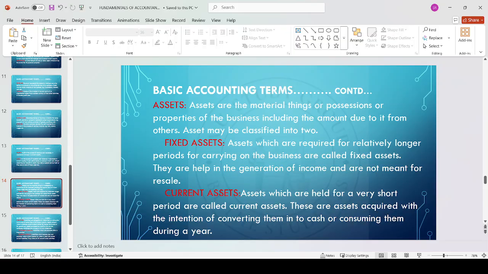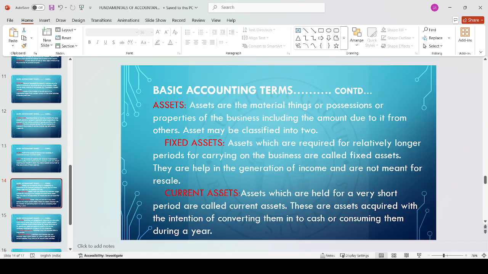We can classify assets into two categories: fixed assets and current assets. Fixed assets are assets that are used for a relatively longer period to carry on the business and help generate income. They are not meant for resale, like buildings, machinery and furniture.